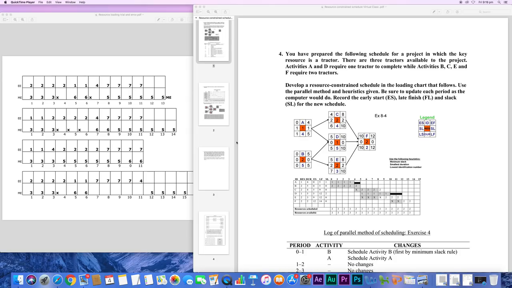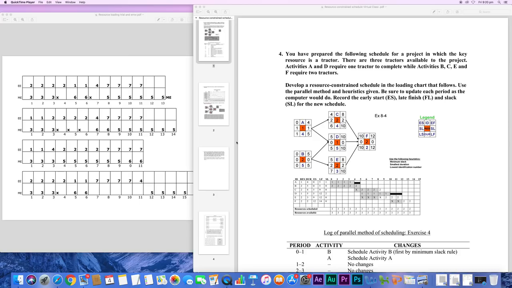At any period of time, we schedule the activity with minimum slack first, then the smallest duration if the slack is the same, and then if the previous two conditions are the same, the lowest activity ID number. Please remember that heuristics do not always give you the best or optimal schedule, but considering many combinations, they do give you a good enough schedule.